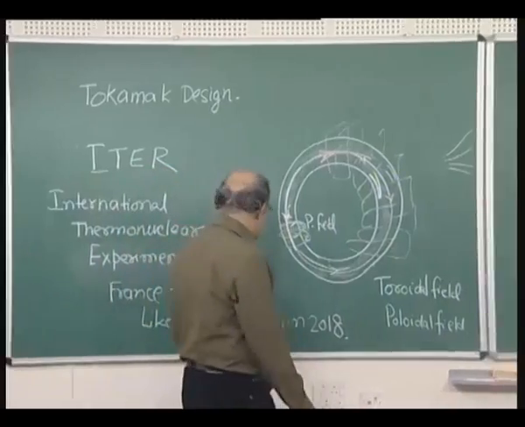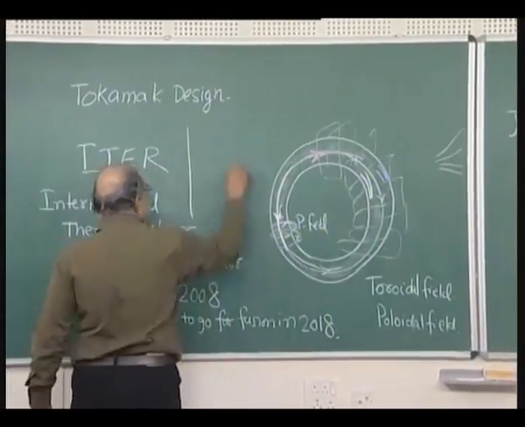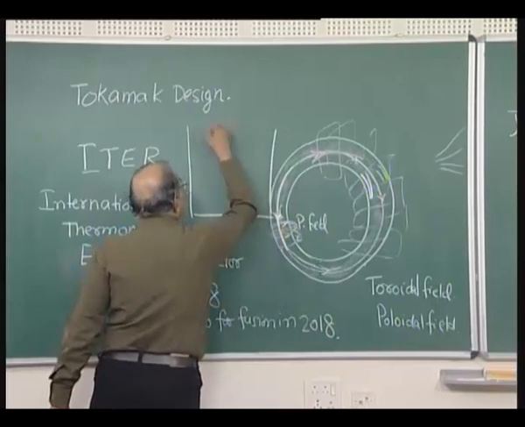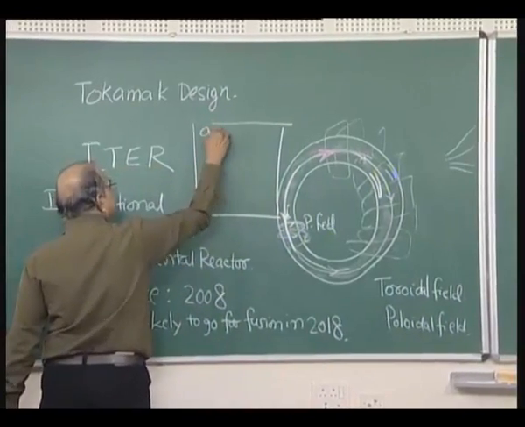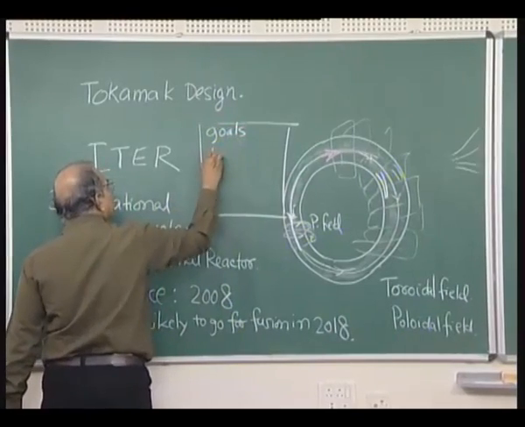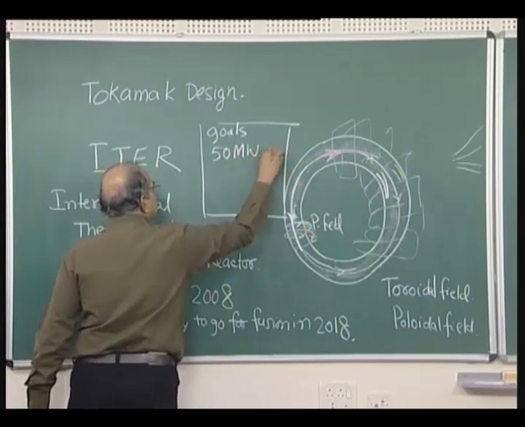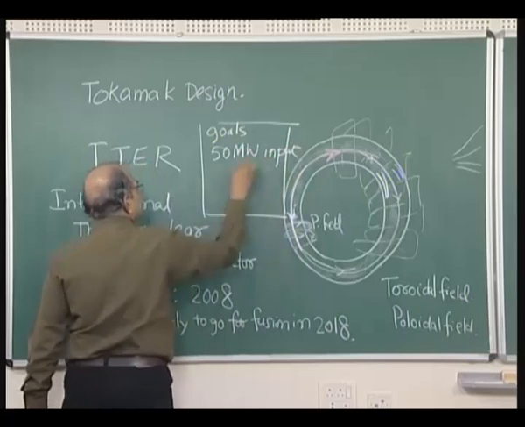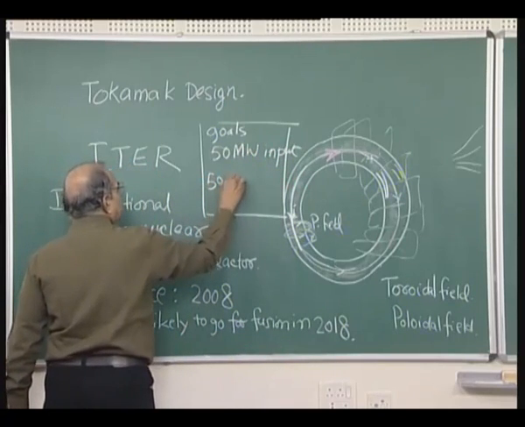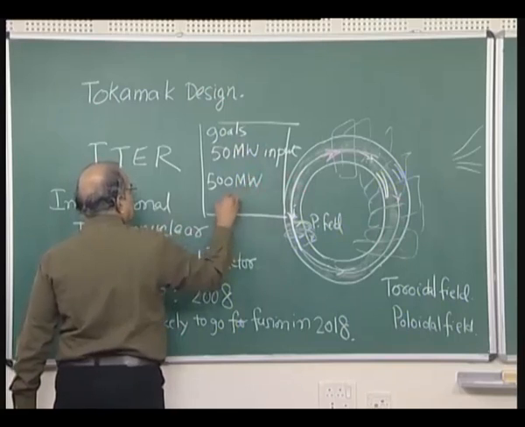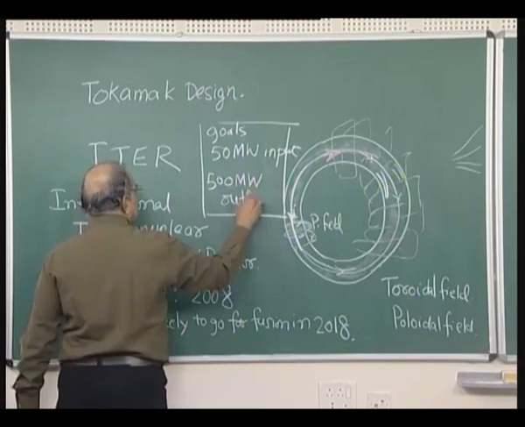So, for ITER, the goal is 50 megawatt input and then 500 megawatt output. So, 10 times.